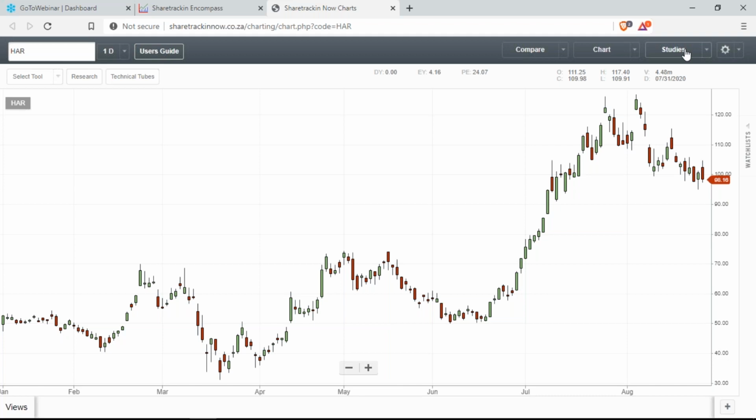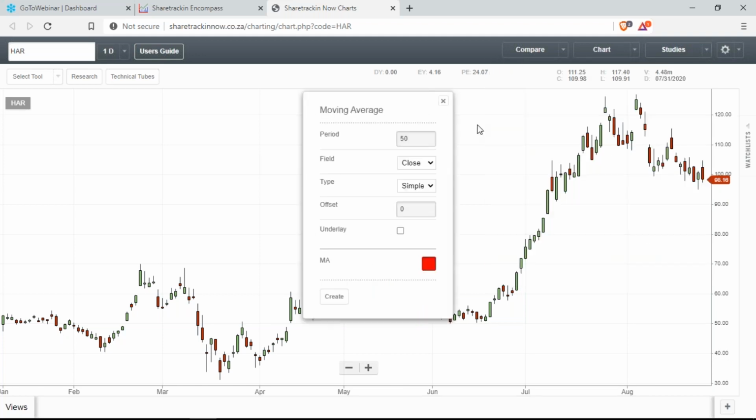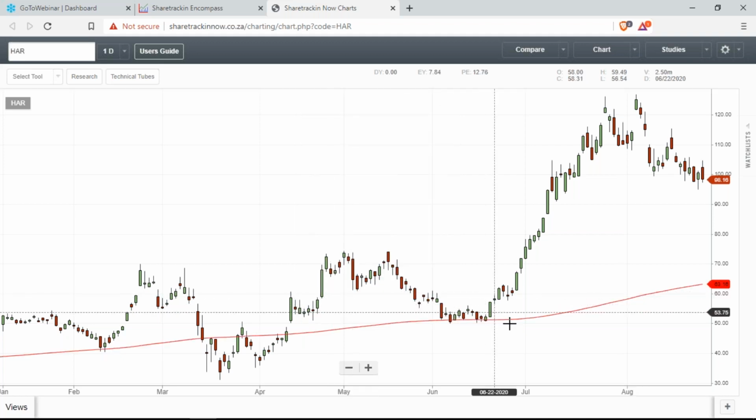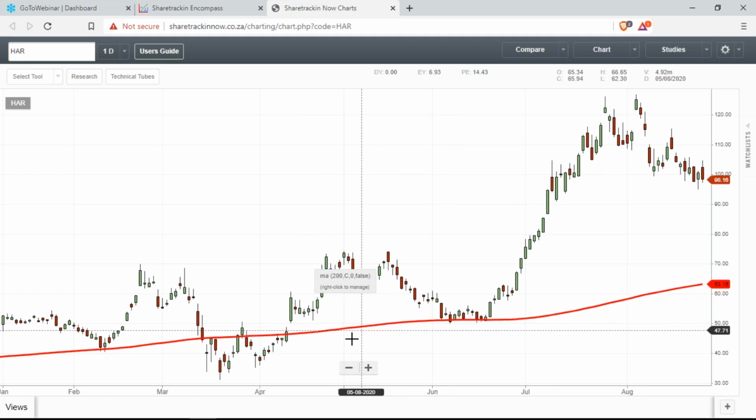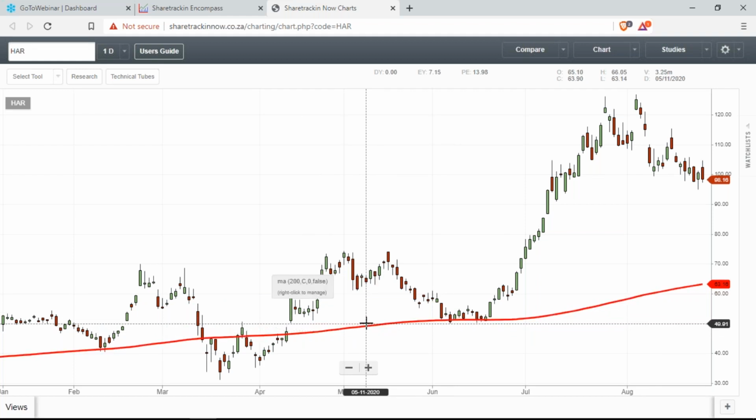So what I will do is I will go to Studies, Moving Average, and usually you insert a moving average of about 200 days. Create. So the moving average will tell me two things. First of all, my moving average will tell me where the share is heading.